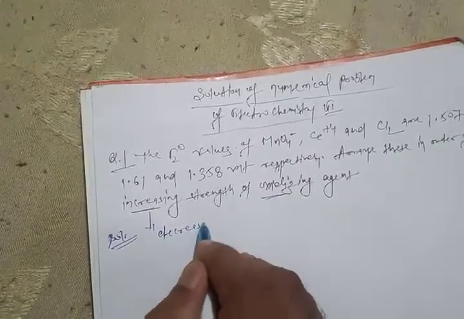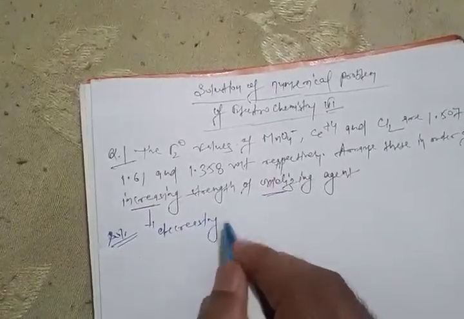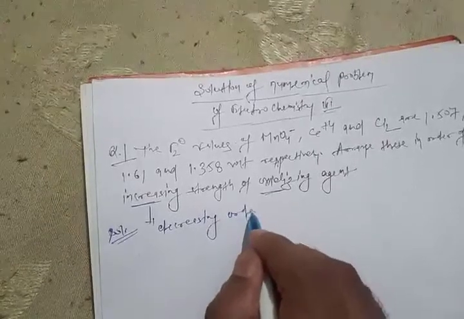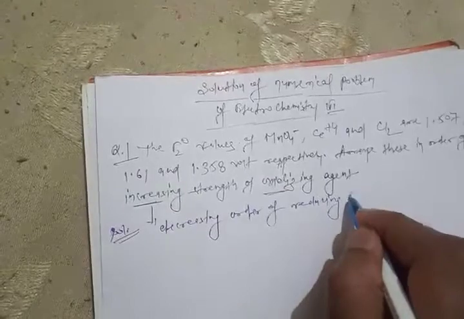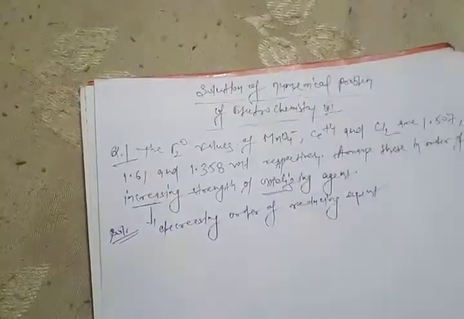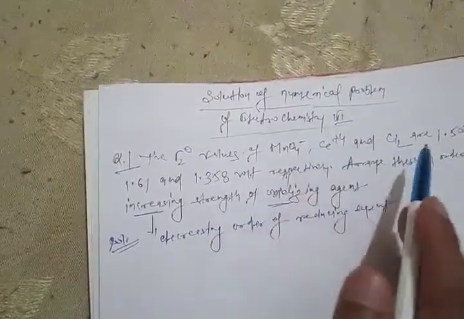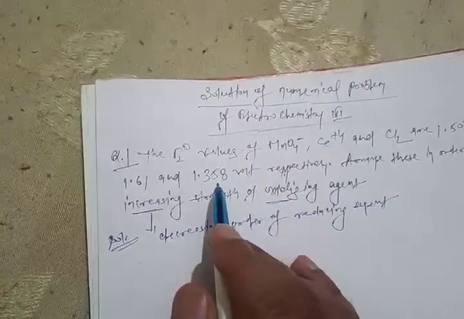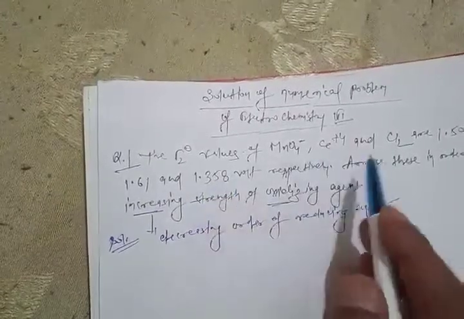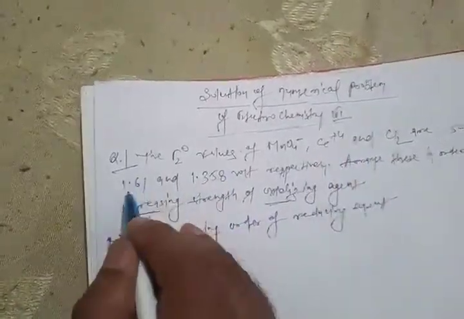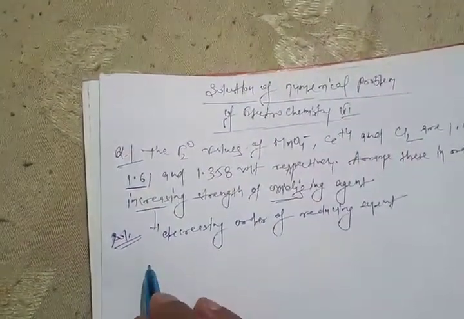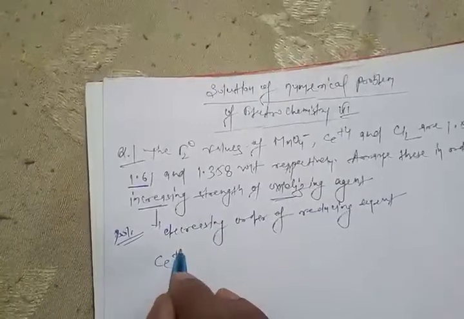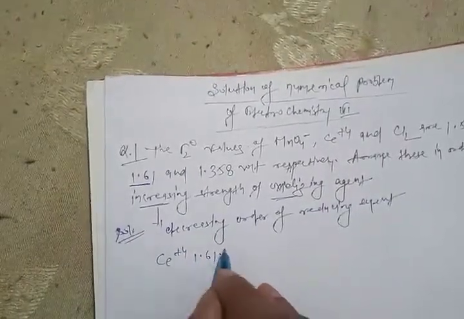Among the given values, the highest is for Ce+4, that is 1.61 volt.